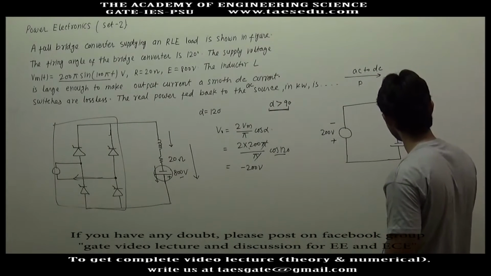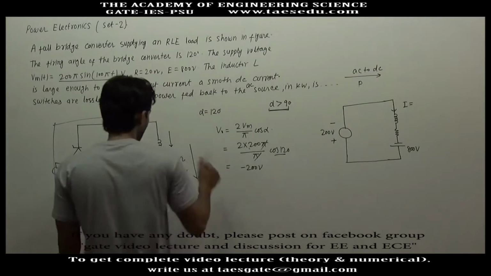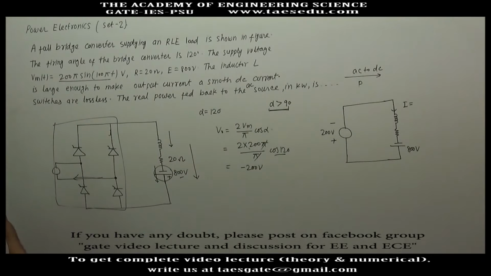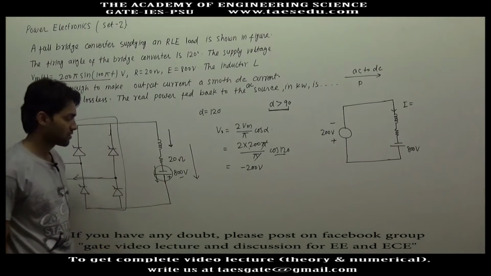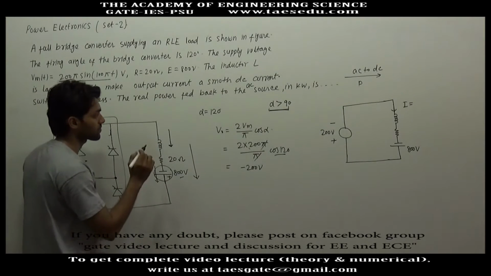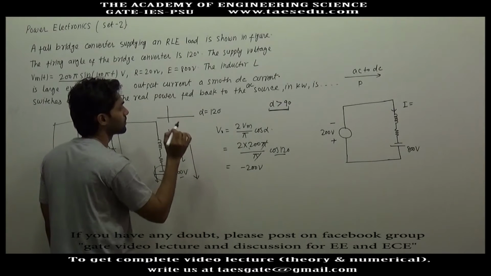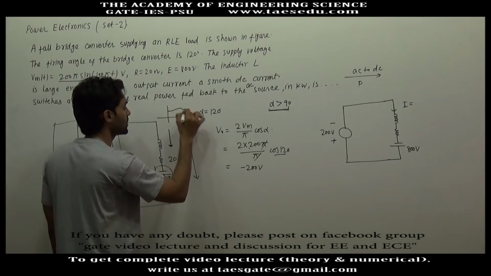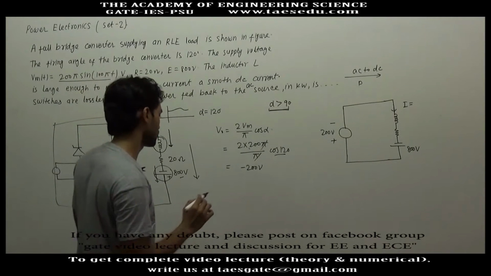These are DC voltage sources. In the full bridge converter we have studied that if current is continuous and if it is periodic, the average voltage across the inductor will be 0.